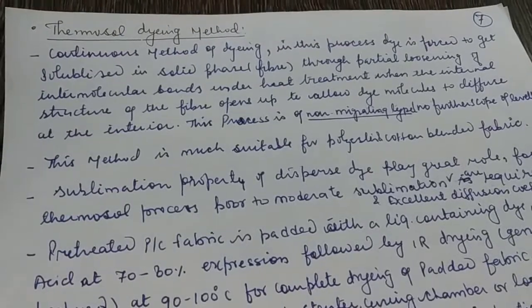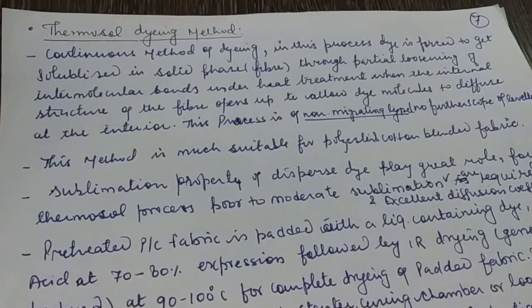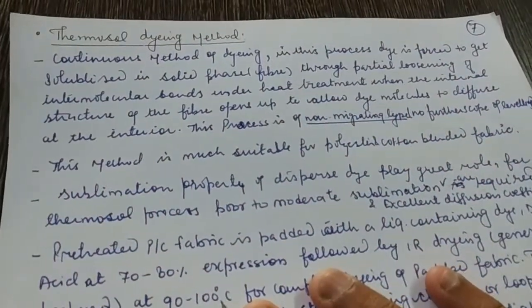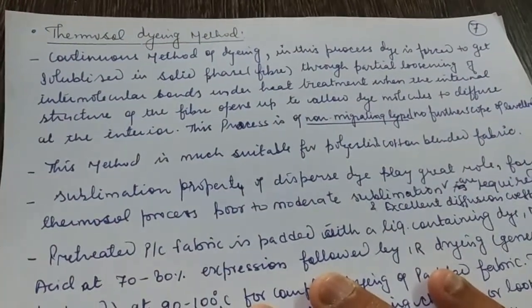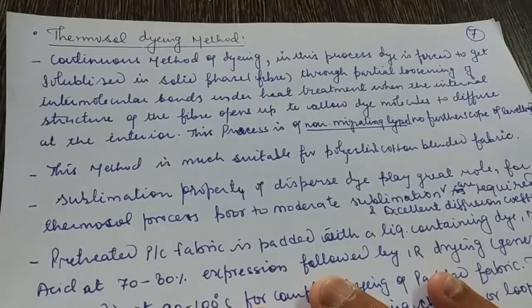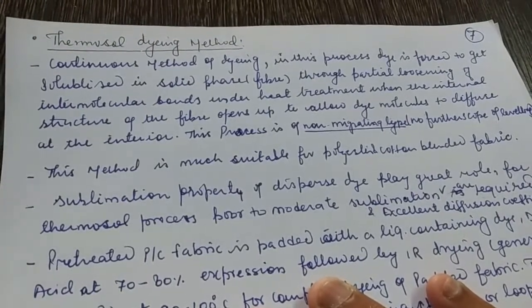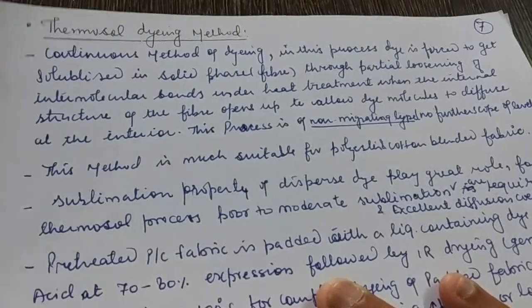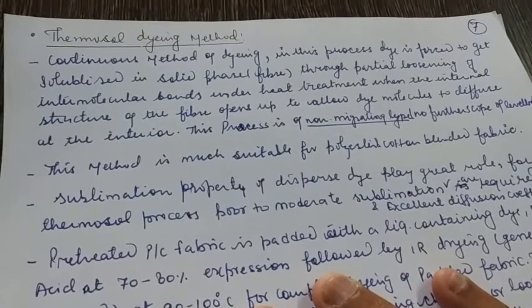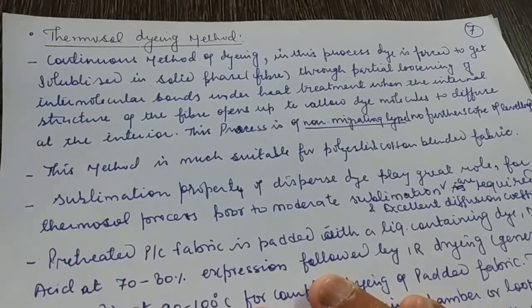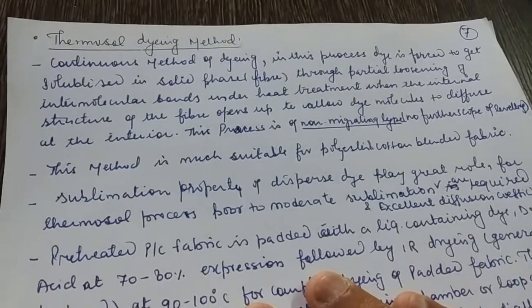So exactly what happens in the thermosol dyeing method, we discuss in very simple language. First, dye is deposited on the fabric surface with maximum possible uniformity, and then the fabric is dried to avoid migration. Then the dispersed dye particles deposited on the fabric surface are subjected to curing at a temperature of 180 to 200 degrees centigrade.